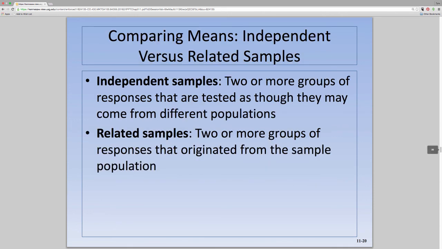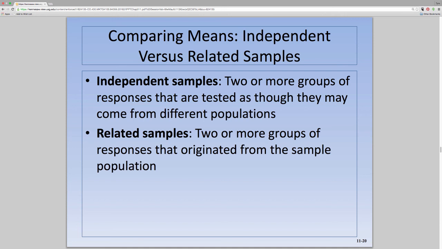So let's look at comparing means between independent versus related samples. Independent samples are two or more groups of responses that are tested as though they may come from different populations, okay? It could be the result of interviews with male and female drinkers of coffee, if that's what you're looking at.